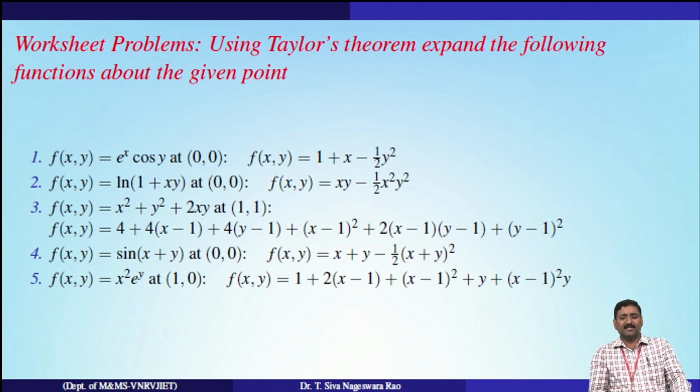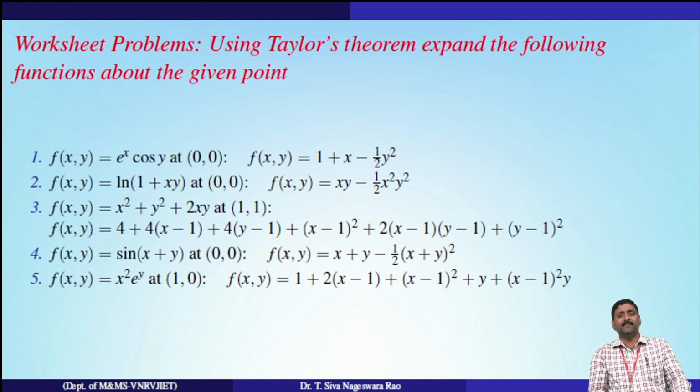So till now I explained Euler's theorem. If you want to apply Euler's theorem, the given function should be a homogeneous function of degree n. How will we verify homogeneity? You need to replace x with lambda x and y with lambda y. So f of lambda x comma lambda y is equal to lambda power n multiplied by f of x comma y.